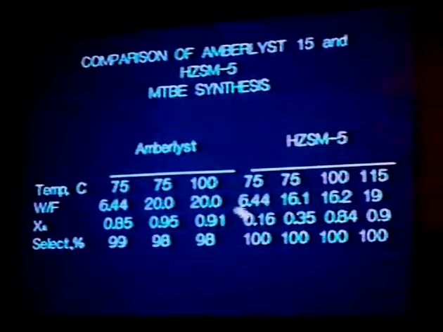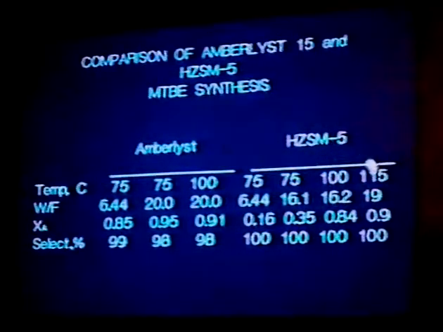On the other hand, with the zeolite catalyst, as we go up in space-time, we again saw the increase in conversion, and then as we go up in temperature, the ZSM-5 catalyst maintained a relatively stable conversion, even at the 115-degree data that we saw in one of the early slides.